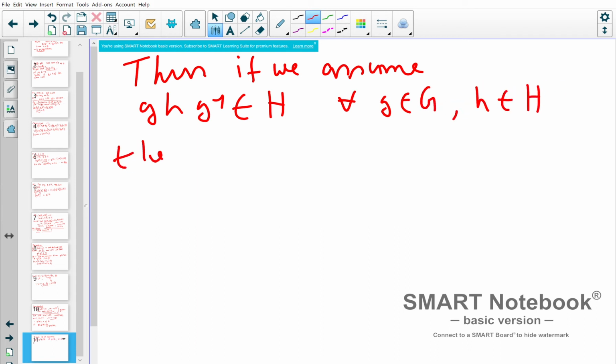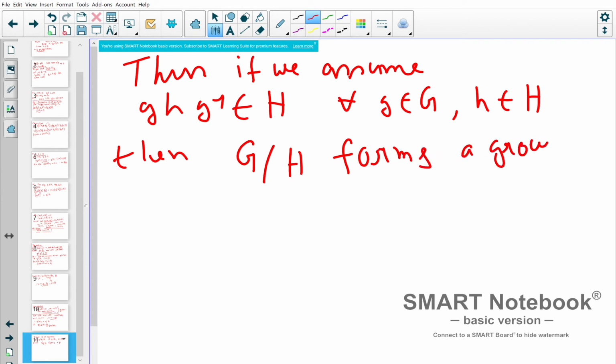Then G mod H forms a group under that operation, under dot.